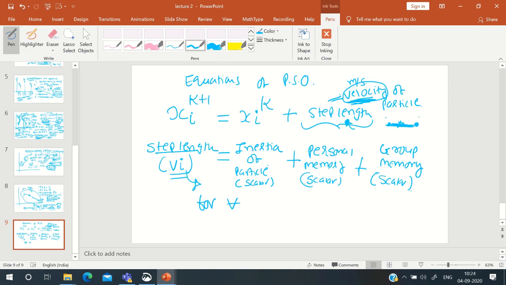That is the meaning of for every particle. So if there are 5 particles, you will obtain 5 equations. If there are 100 particles, you will obtain 100 equations of step length. One equation corresponding to each particle, and one equation corresponding to one equation of x i, position updation. This equation is known as the updation of the position vector, position of the particle, right?